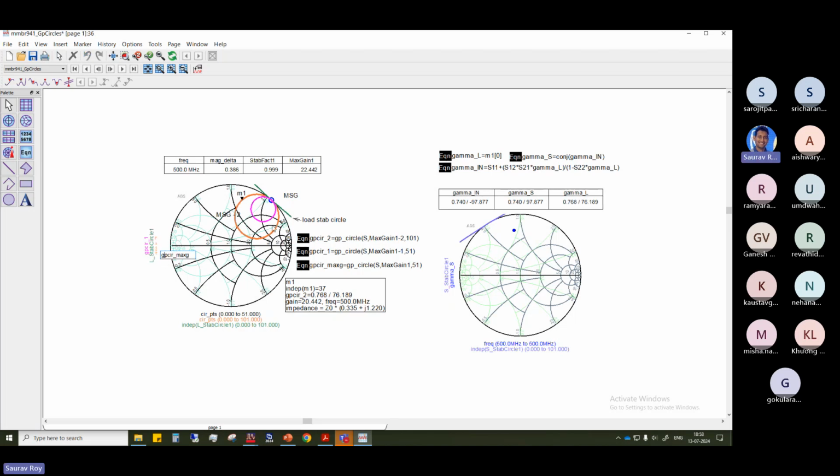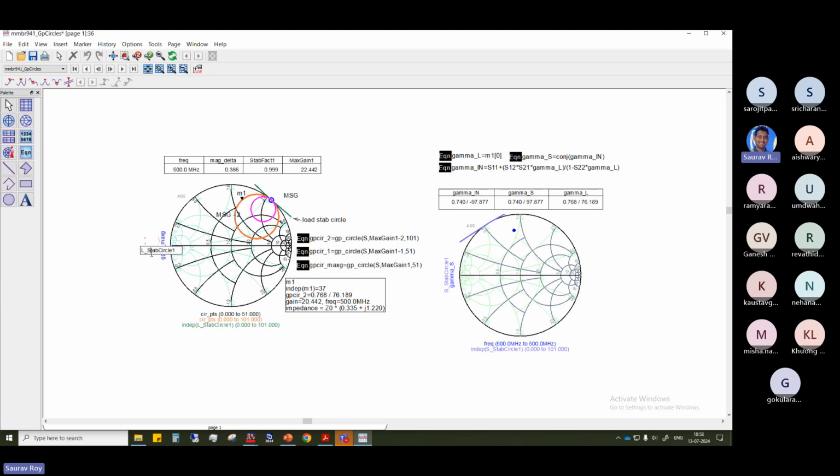So the first one, the blue circle, is the maximum gain circle. It is almost out of this Smith chart, which means you can't operate here. That is the whole essence of this study. Now, how much gain do you have to sacrifice? The pink one is minus 1 dB and the orange one is minus 2 dB gain.